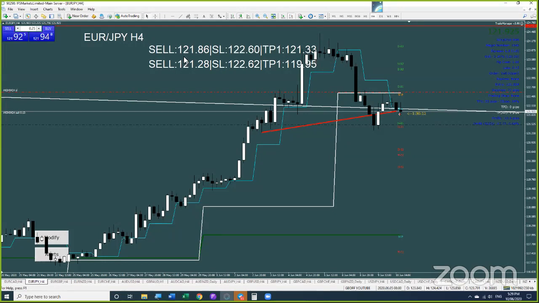And then we will add more juice at 121.28 and we'll take profit at 119.90. Our first take profit at 119.95. On that one, you can take a third off the first position because that will be our money trade if we get into it.